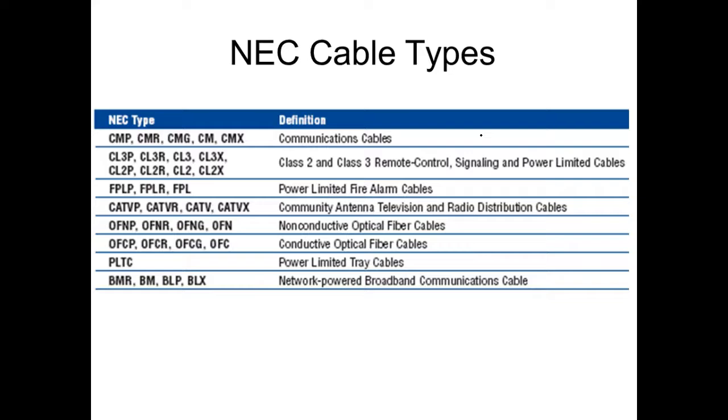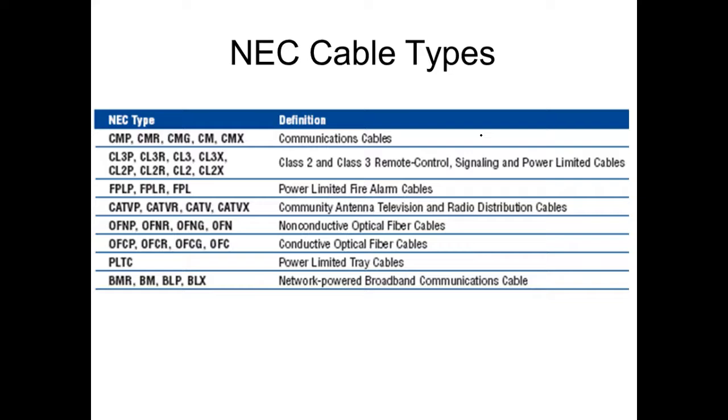CLPs, these are class 2 remote control signals. FPLs, these are power limited fire alarm cables. So I just can't use regular wire in a fire alarm system and still pass code, right? I gotta use a cable that's what? Rated for that. CATV, communication antenna cables, FOP, these are non-conductive optical cables.